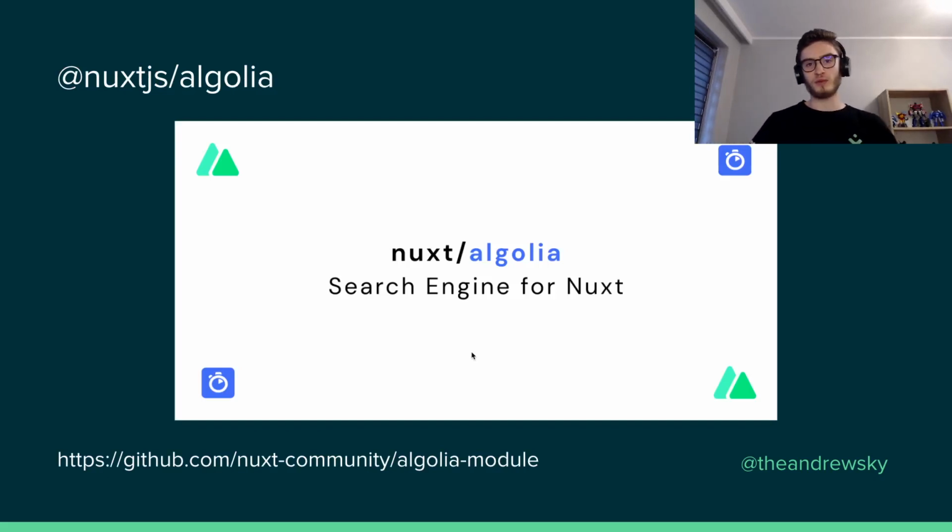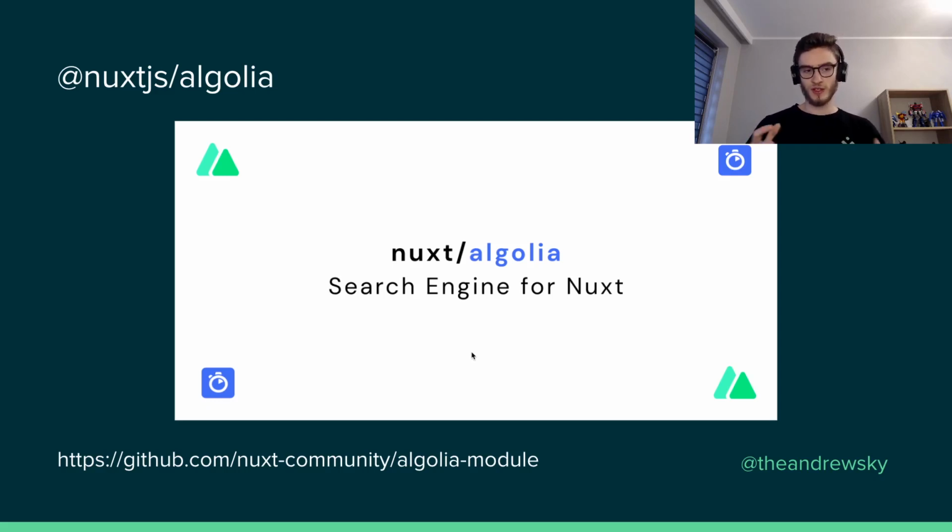Apart from the official modules, you can also choose community modules that are created by Nuxt.js community members. And I will propose you choose nuxt-algolia, which is the module that I have created for the Nuxt community, which allows for very easy integration with Algolia search, that allows for very fast search, and also support for Vue InstantSearch.